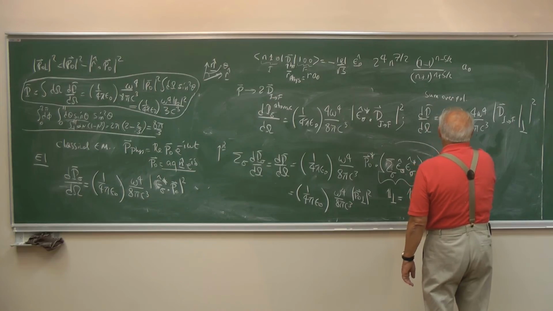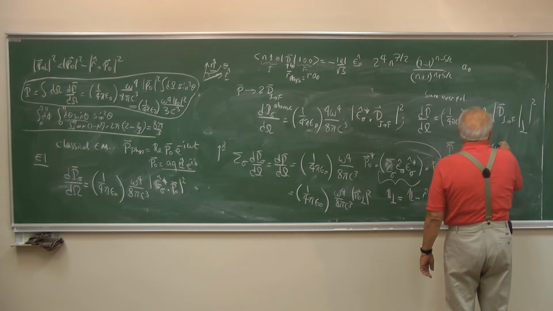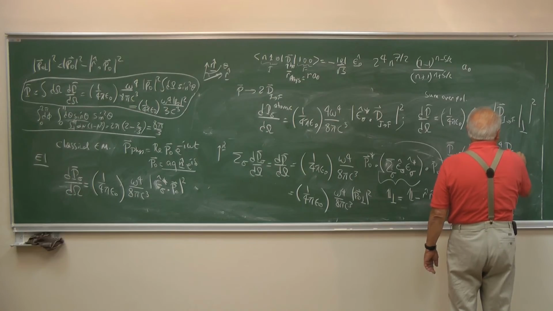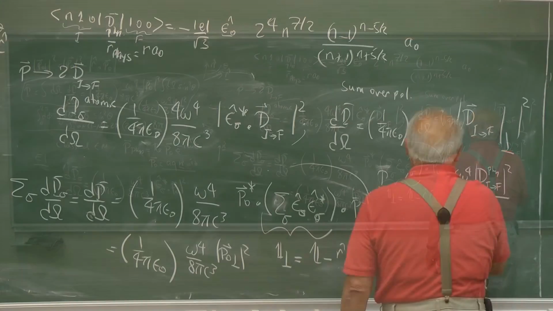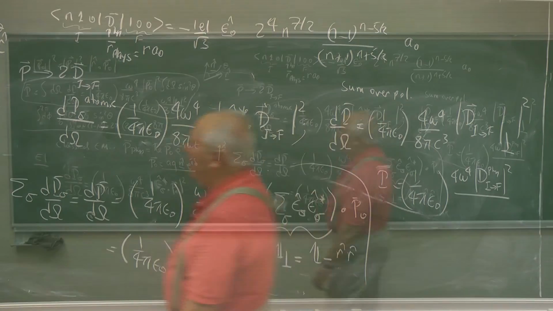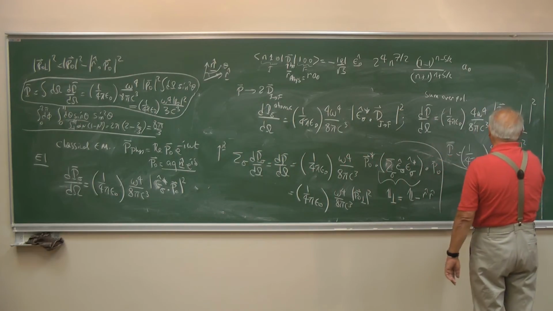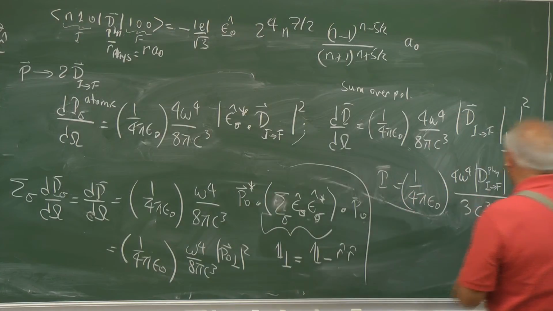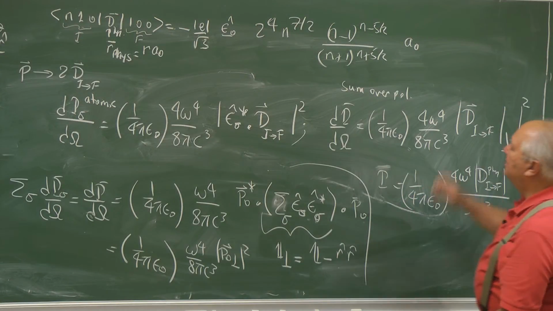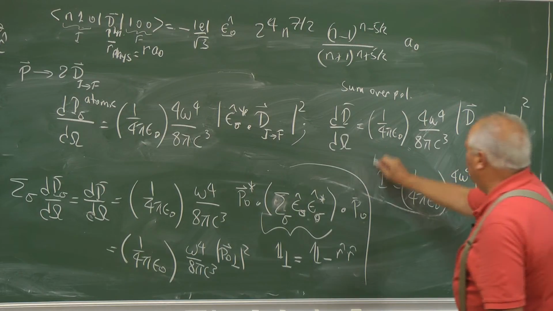P bar is equal to 1 over 4 pi epsilon 0 omega 4 D I to F physical squared divided by 8 pi c cubed, but we are multiplying by 8 pi over 3 because we are making the angular integration. So 8 pi is gone, and you have 3 c cubed. Remember, this will involve the physical, which will have a0 squared.